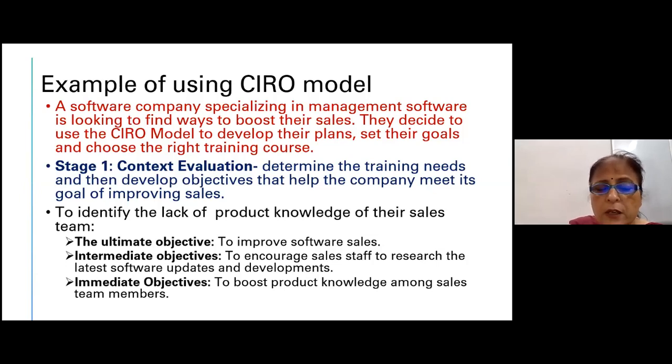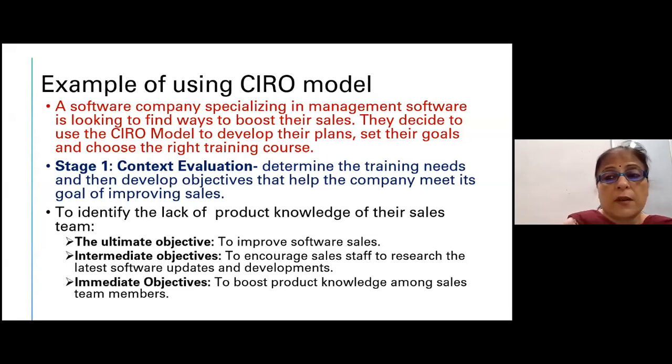So to identify the lack of product knowledge of the sales team, their ultimate objective will be to improve software sales. Intermediate objective will be to encourage sales staff to research the latest software updates and developments. And immediate objectives would be to boost product knowledge among sales team members.